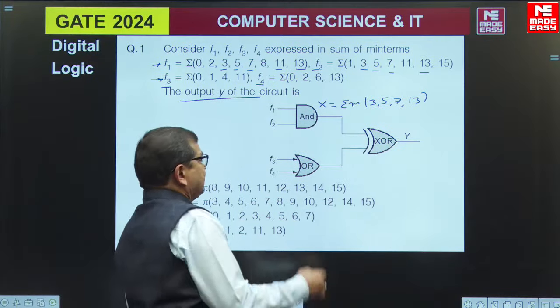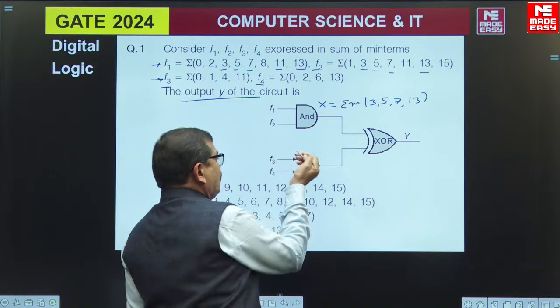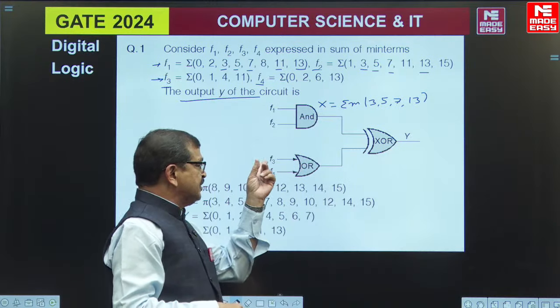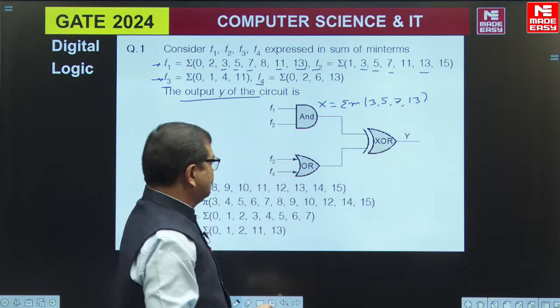Similarly, the output of the OR gate operation is a union operation, so all the combinations which are present in F3 and also in F4 come out from this OR gate.